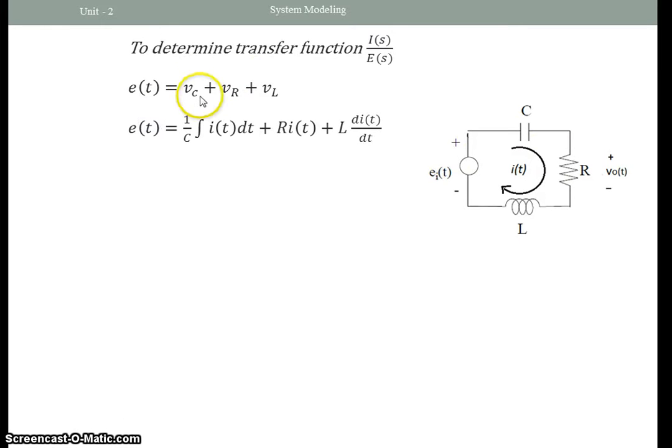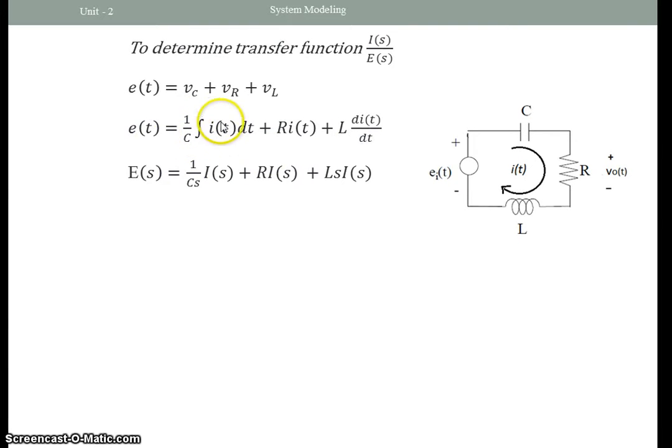And substituting the values of the voltage across the capacitor, across a resistor, and across an inductor, we will get this equation. And since we would like to get the transfer function, which is in Laplace transform, we have to convert this into its equivalent Laplace transform, remembering that integration will be equal to 1 over s.